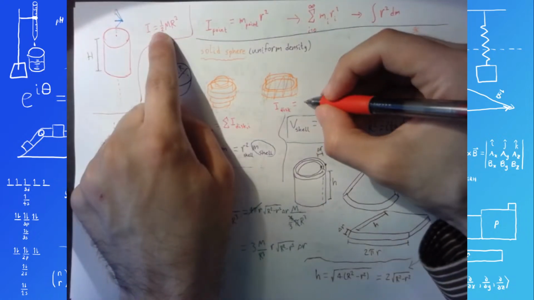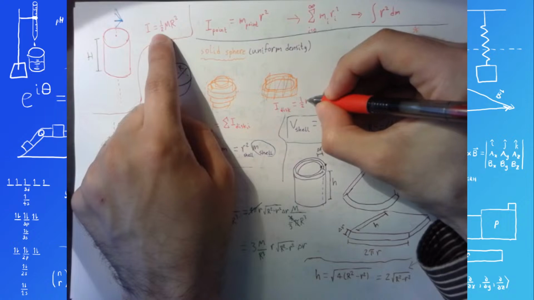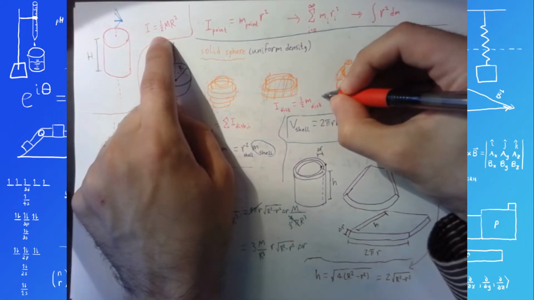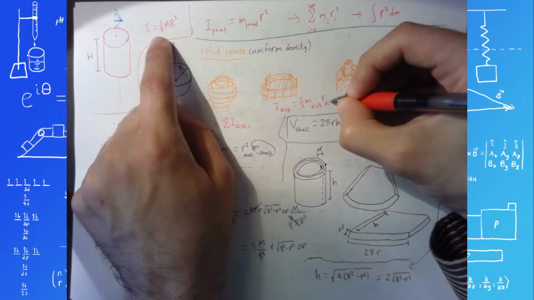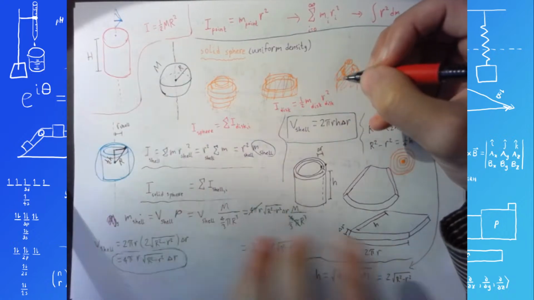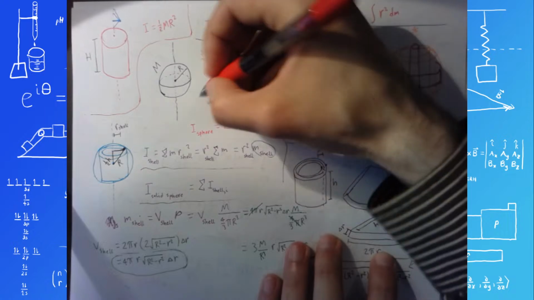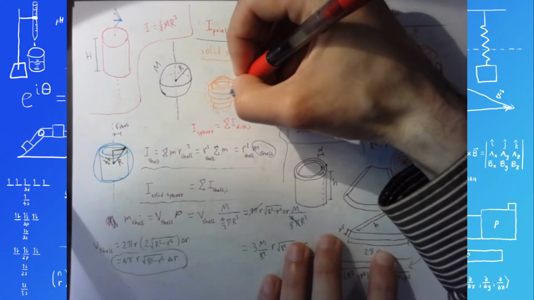It's just going to be equal to 1/2 the mass of that particular disk times the radius of that disk squared. And of course, each of your disks is going to have a different radius and a different mass, right?